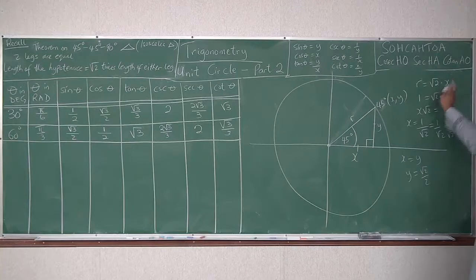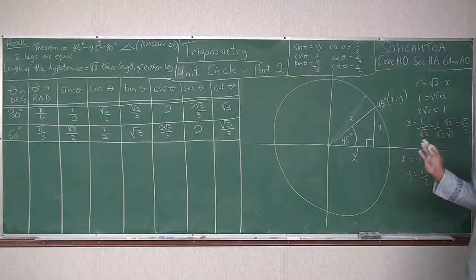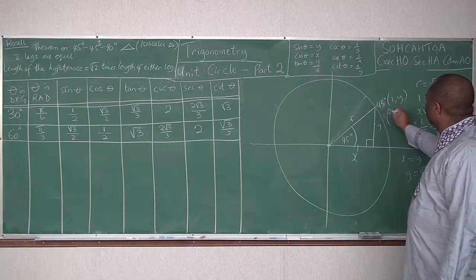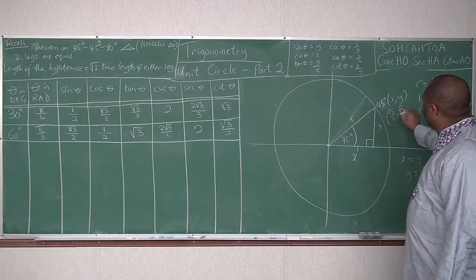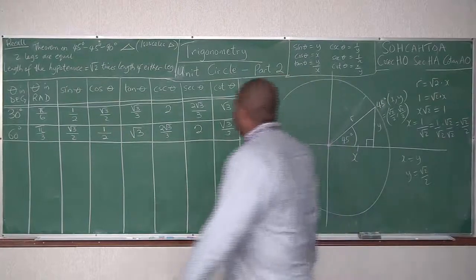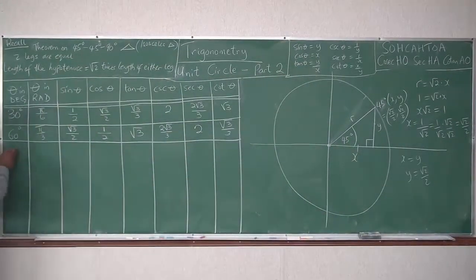If you want to do it √2 times y, that is fine. So x and y will be √2 over 2, √2 over 2. That's for 45 degrees. Okay? So now let's get it here. We have 45 degrees here.